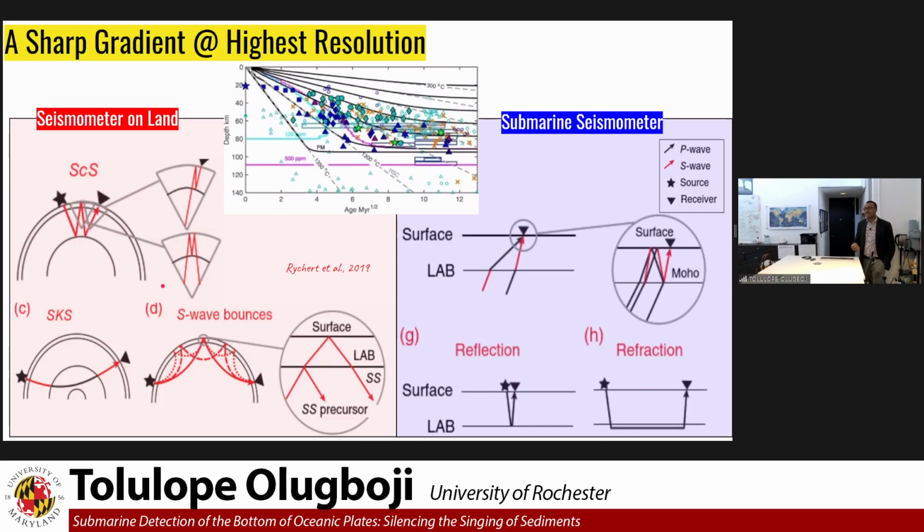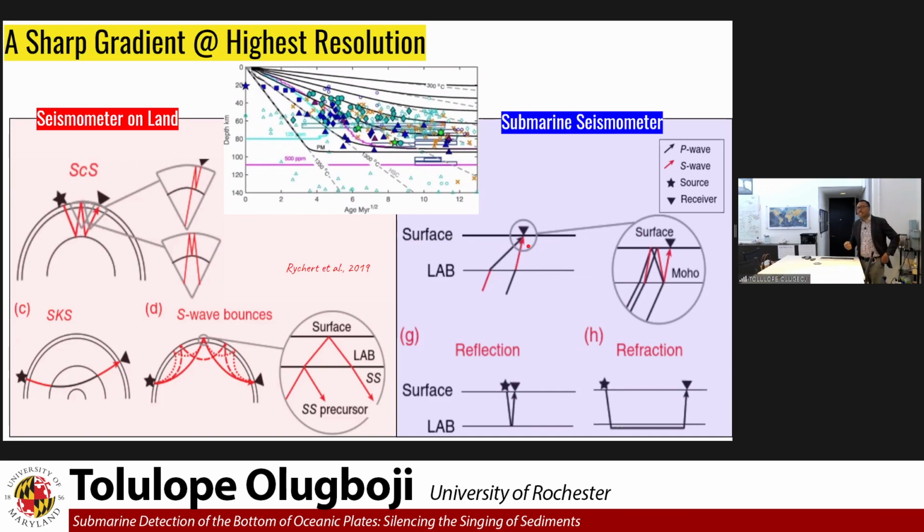There are different classes of observations that you can get where the seismometer, in the case of oceanic plates, is placed on the seafloor, right? The seismometer is a submarine seismometer, and that's the triangle there. And you are using waves that are forward scattered or forward converted to interrogate some discontinuity directly underneath the seismometer. In this case, the black line is a P wave, a compression wave, the red line is a shear wave, and here you've got P and S conversions, S to P conversions.